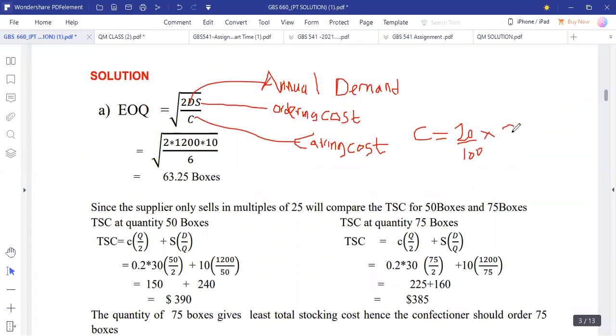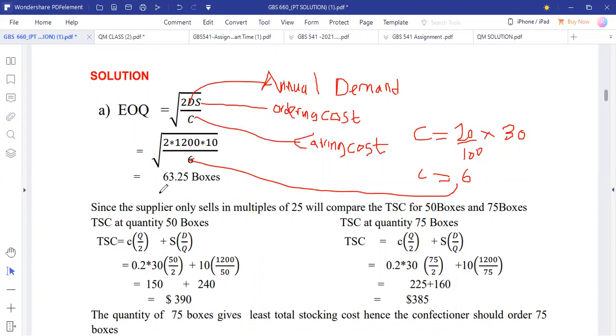So this is where our carrying cost came to 6. So our carrying cost is 6, the one which is given here as the carrying cost, because it's just the percentage of unit price. Percentage was given as 20%.